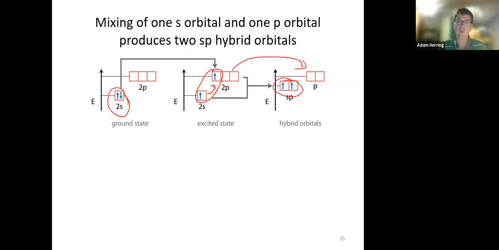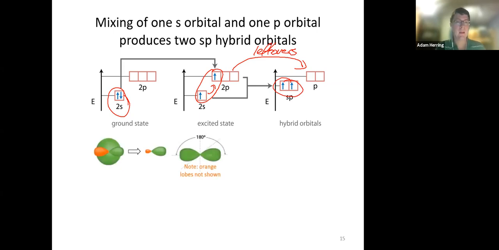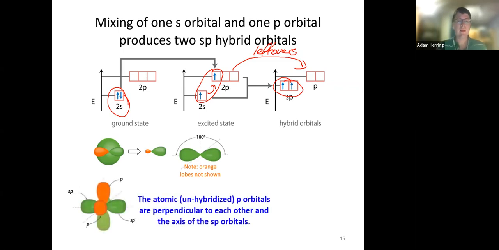And then we have leftovers in the form of unhybridized p orbitals. This is what happens when we need 2 identical orbitals. And the leftover atomic orbitals, which are unhybridized, are going to be perpendicular to each other and to the axis of the sp orbitals.